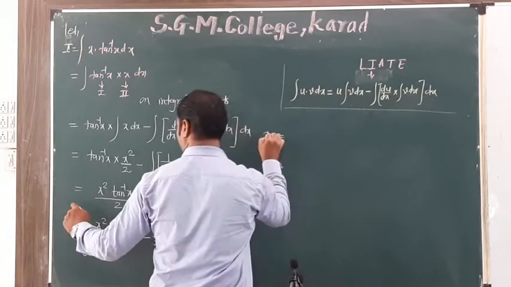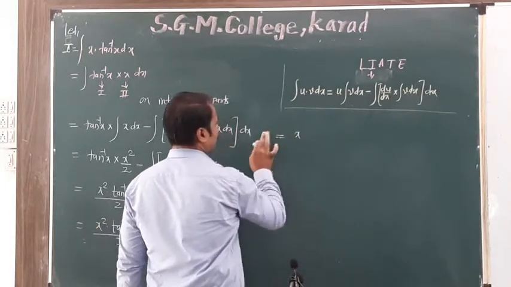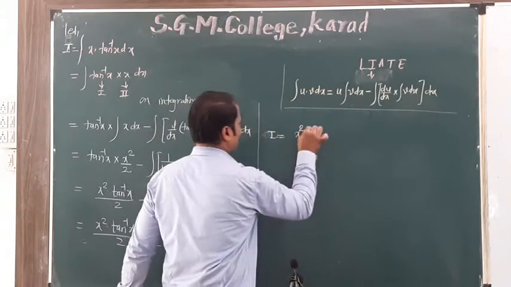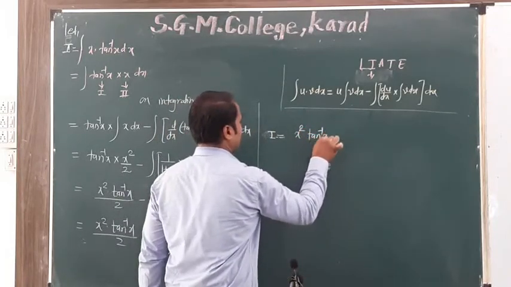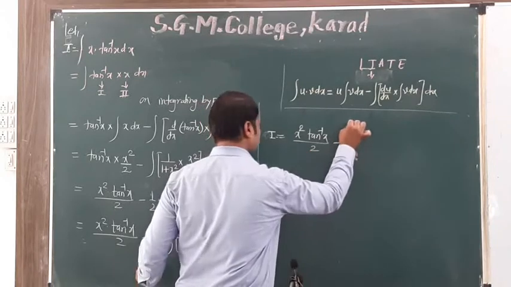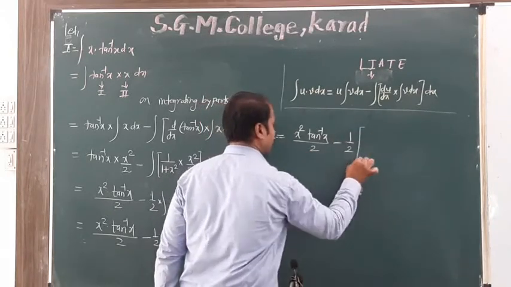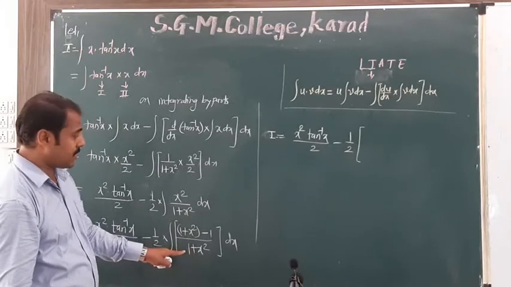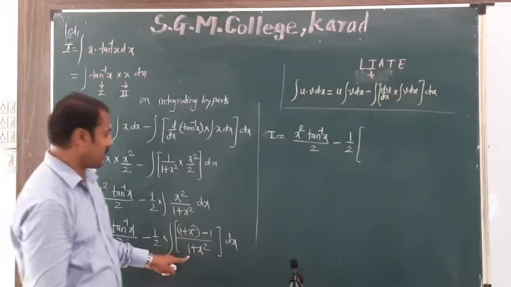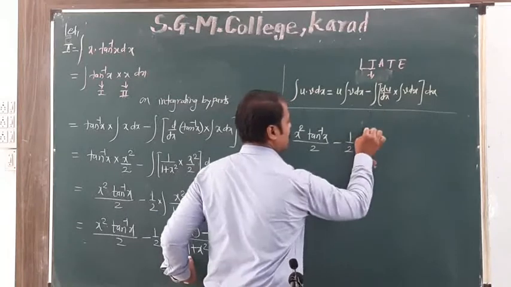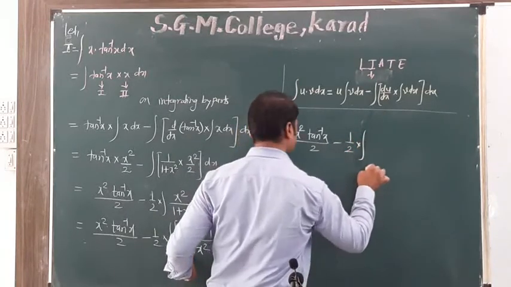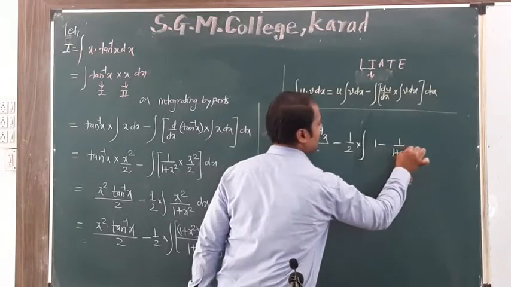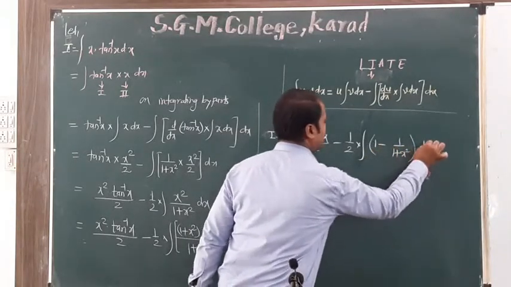which is equal to, I is equal to x square into tan inverse x divided by 2 minus 1 by 2 into, look at here, integration, denominator gets separated: 1 plus x square divided by 1 plus x square is 1, minus 1 upon 1 plus x square, on separating denominator.